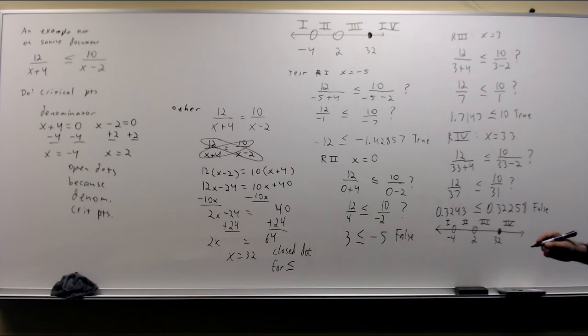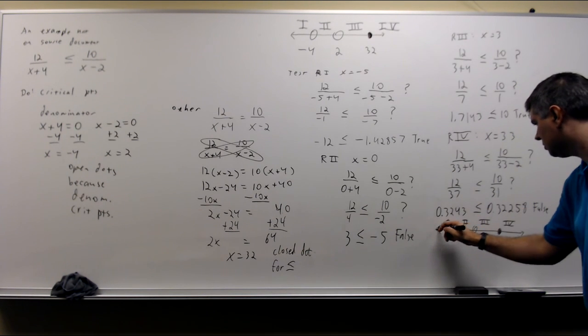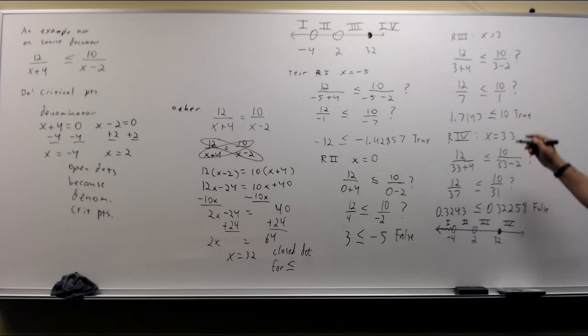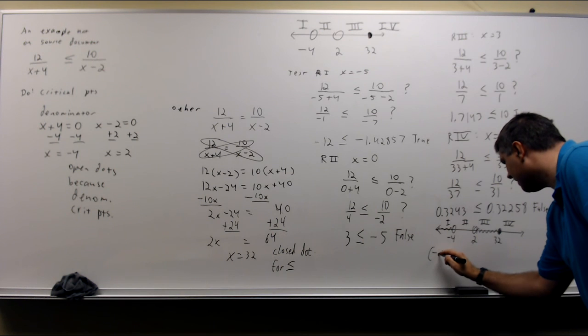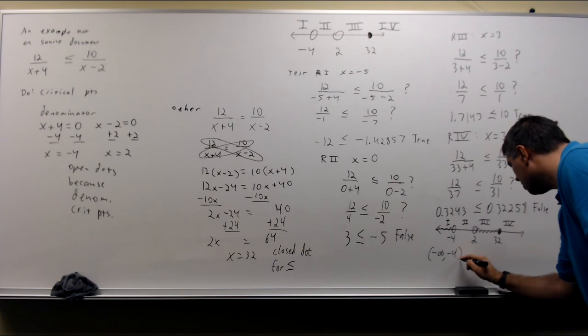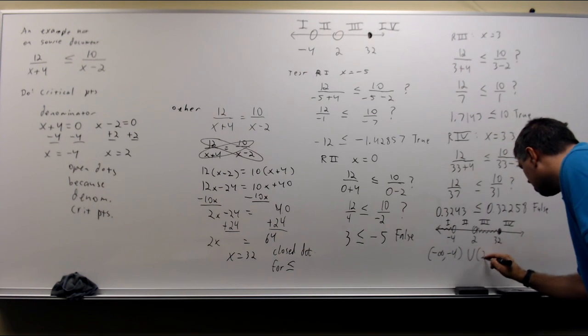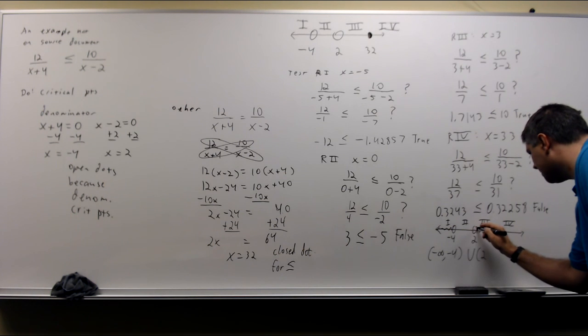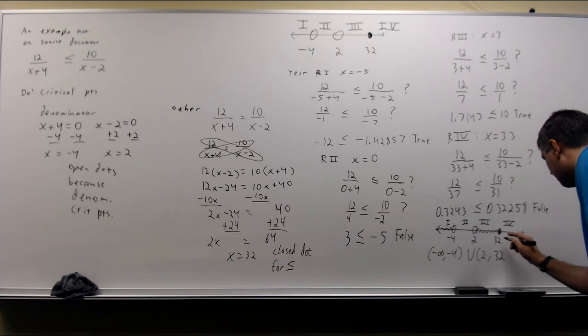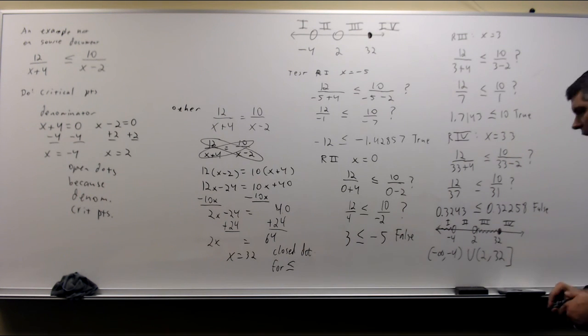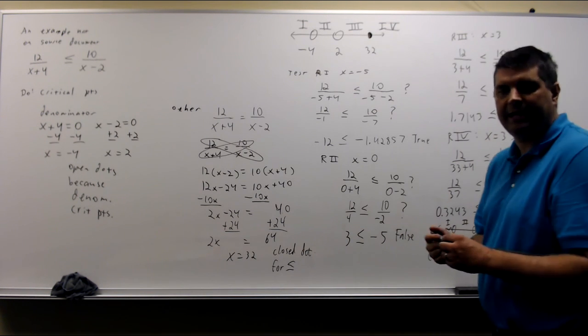You don't have to relabel them if you don't want to, but region 1 was true, and region 3 was true. So we would describe that as negative infinity to negative 4, union 2, because 2 wasn't included, it's got an open dot, 2 to 32. 32 is included because of the closed dot. All right, and that is it.